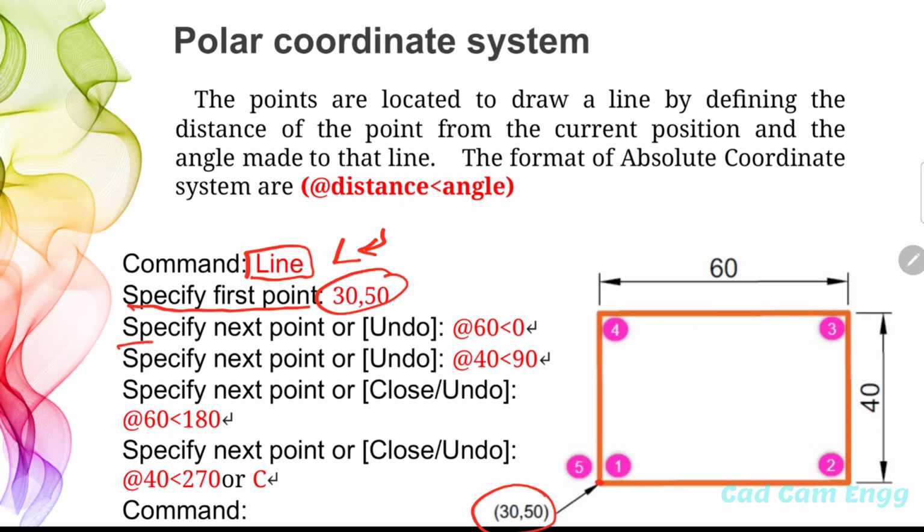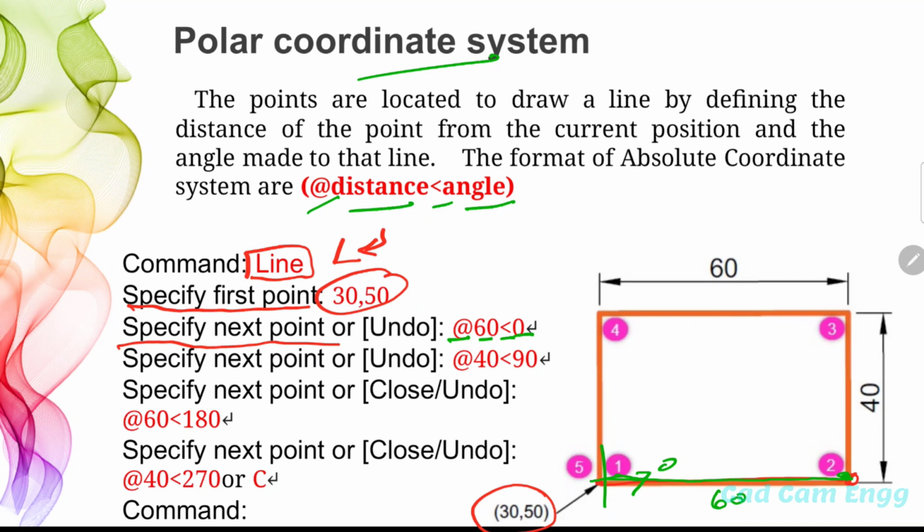Next AutoCAD asks to specify the next point. We have given the first point, so we want to find the next point. This is our next point, the line travels from here to here. The distance is 60, and the angle, as already discussed, is 0.